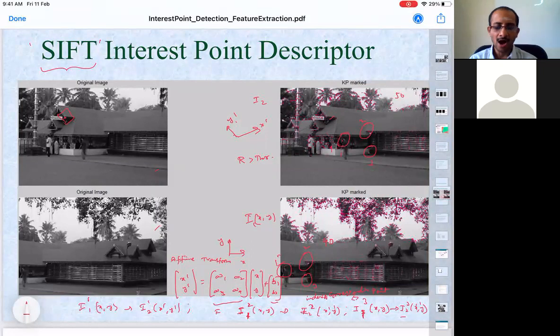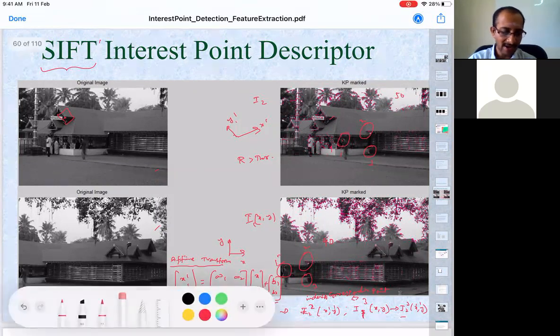So now, given this, how many corresponding points are required to identify A1 to A4 and B1 to B2? If you would like to identify the affine transformation parameters, how many key points are required? Is one sufficient, or are two required, or three?